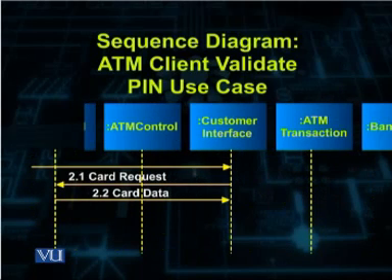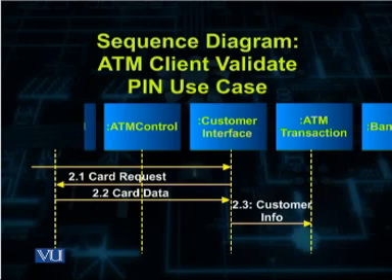The next message that goes out is from the customer interface object to the ATM transaction. This message basically fills up the ATM transaction object, or you can say that at that time the ATM transaction object is being created with the information that we have received so far.